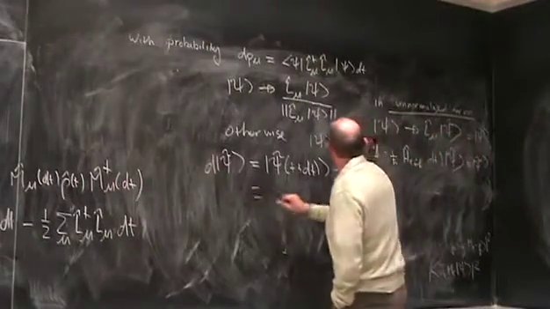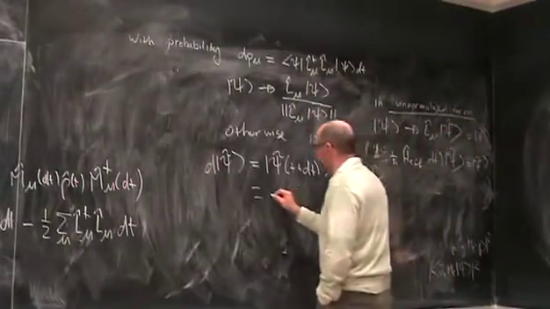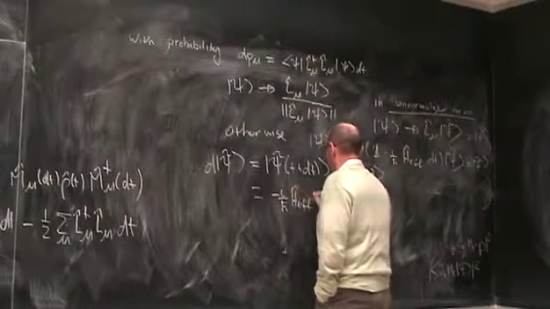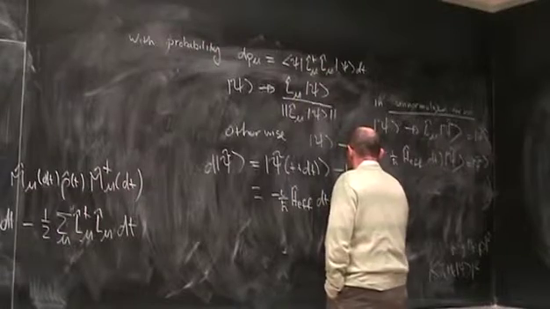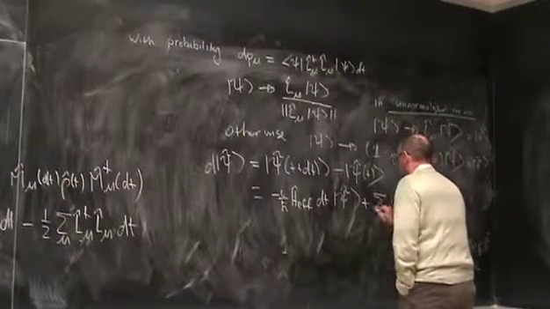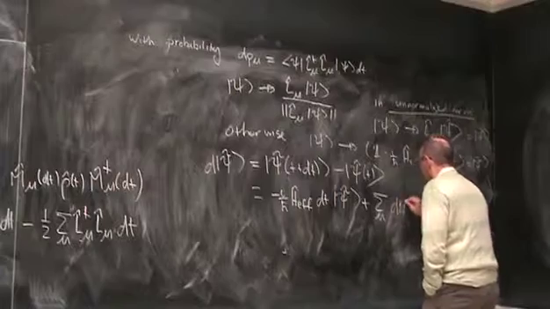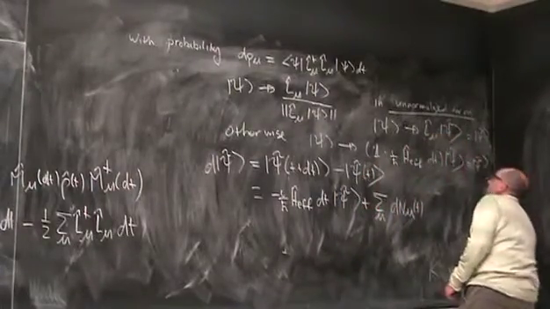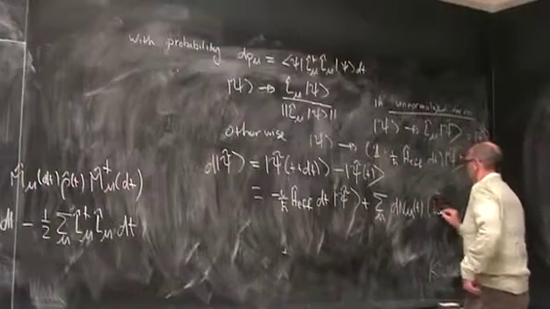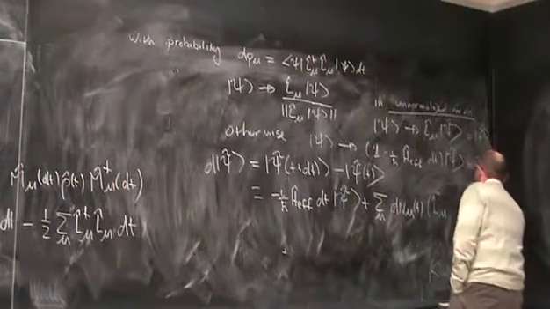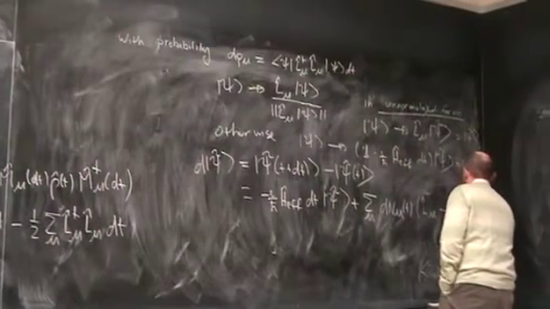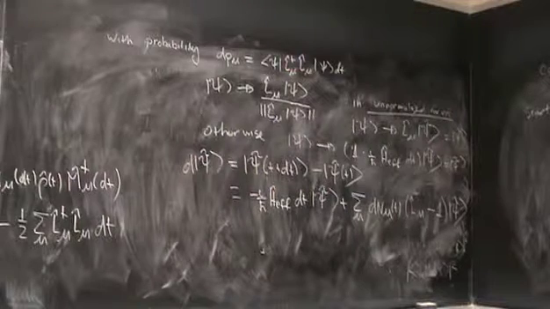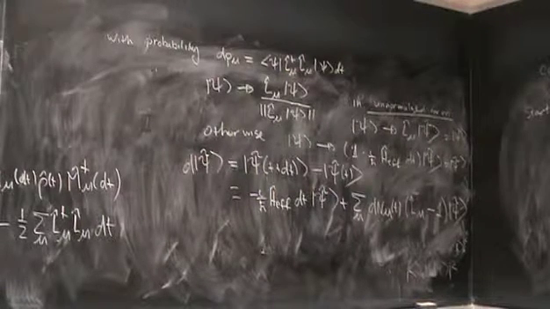So what I see here is I write this as follows. This is minus i over h bar, H effective dt, psi tilde, plus sum over mu, dn mu as a function of t, L mu minus 1.